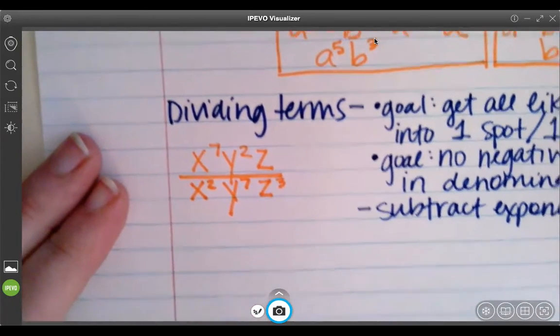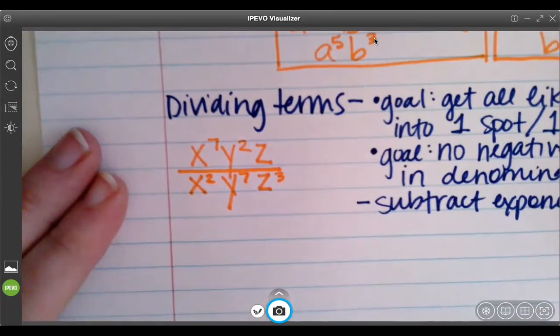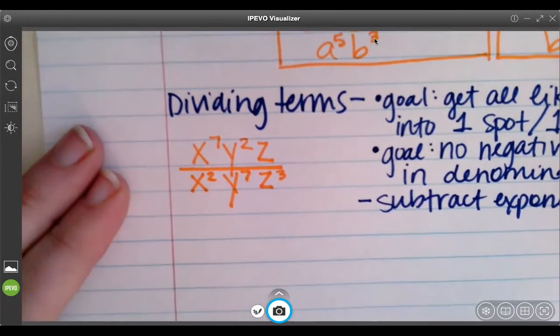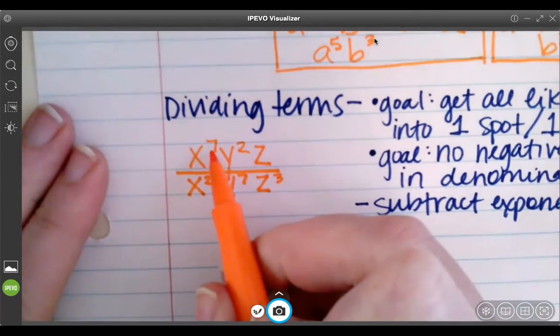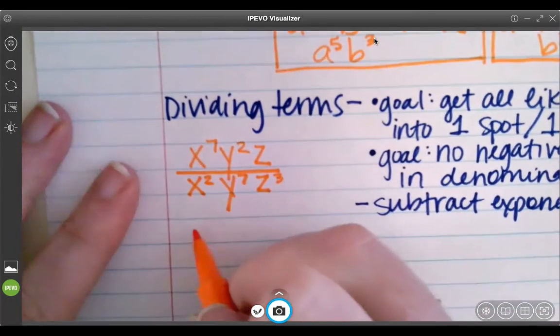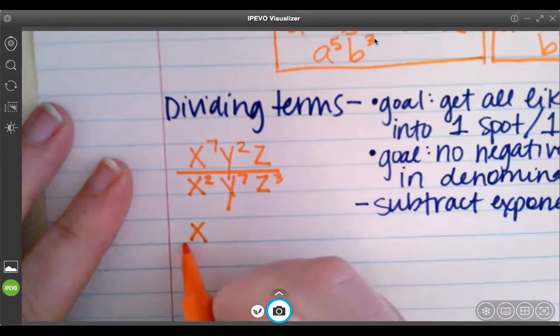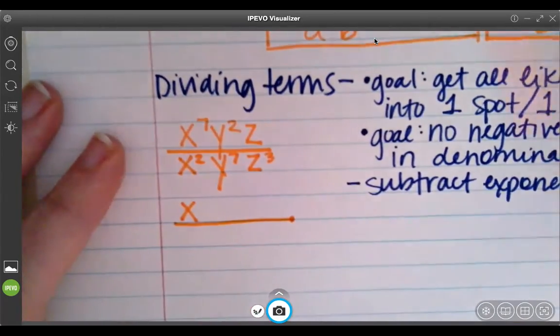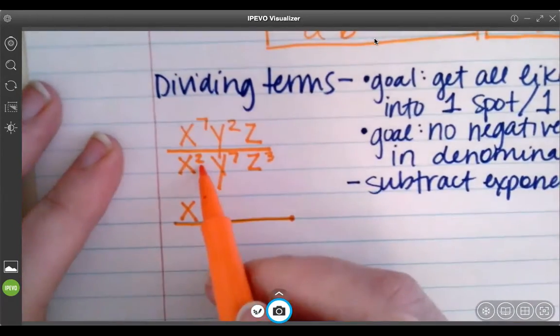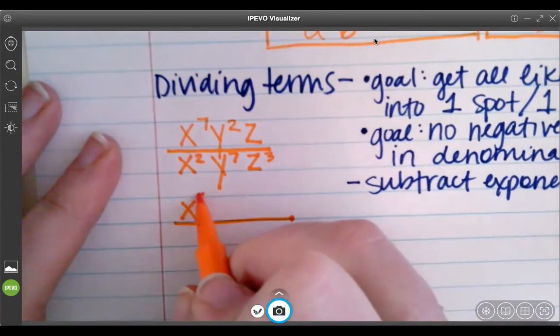Okay, now I usually do bigger number minus smaller number, and then I will leave that term where the bigger number was. That's how I do it. So the 7 is in the top, means I'm going to leave my x's in the top. Probably should have done that over here. That's okay. I'm going to subtract 7 minus 2, and that's going to give me 5.